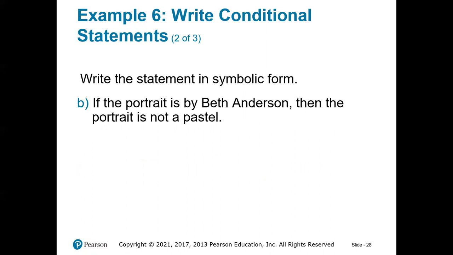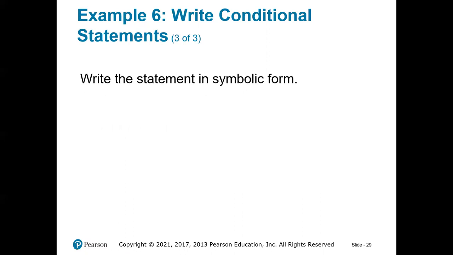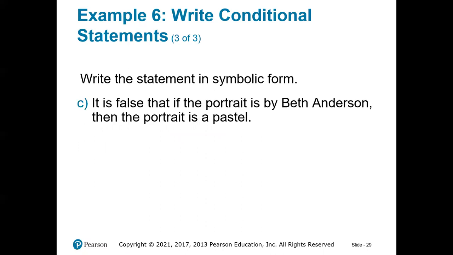Here is another one. It says if the portrait is by Beth Anderson, which means Q, then the portrait is not a pastel, so the negation of P. That's how you translate that. Now, it is false that. Every time you see "it is false that," you start with the negation.